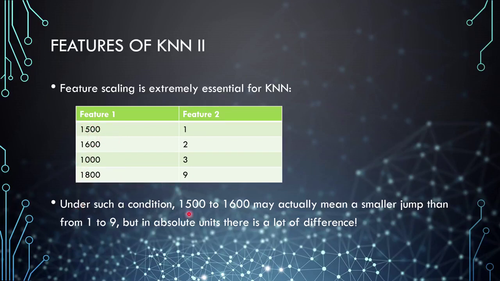Under such a condition, 1500 to 1600 may actually mean a smaller jump than from 1 to 9, but in absolute units there is a lot of difference. In 1500 and 1600 there is a difference of 100, and in 1 and 9 there is a difference of 8, but still the scale of our feature 2 is very low. So that means that 1 to 9 is a much huger jump than 1500 to 1600. So we cannot simply plot it keeping the same units. We need to do feature scaling.